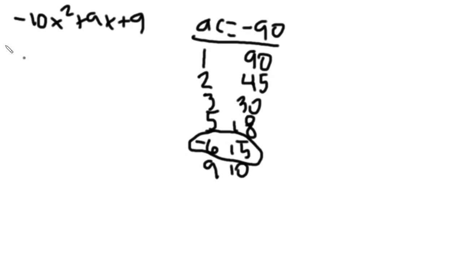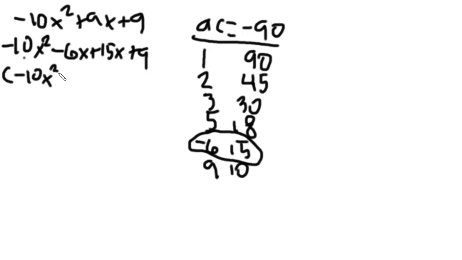So I'm going to rewrite my expression using that: negative 10x squared minus 6x plus 15x plus 9. Now I'm going to group together my first and last two terms, making sure to leave a plus sign in the middle.